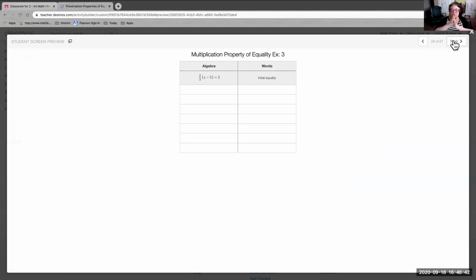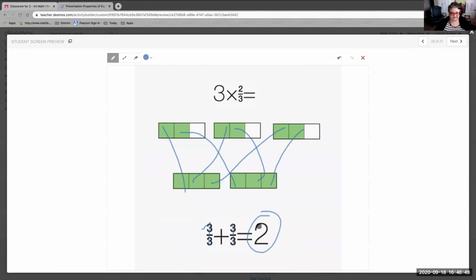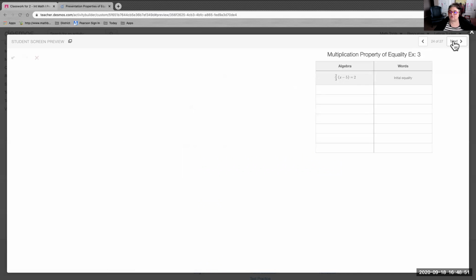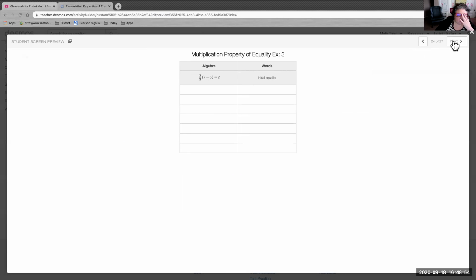Okay, so I'm not going to do the tiles for this because it would just be really complicated. Look at this mess I have here, right? So what is going to happen is I am going to take this side and I'm going to multiply both sides by 3.